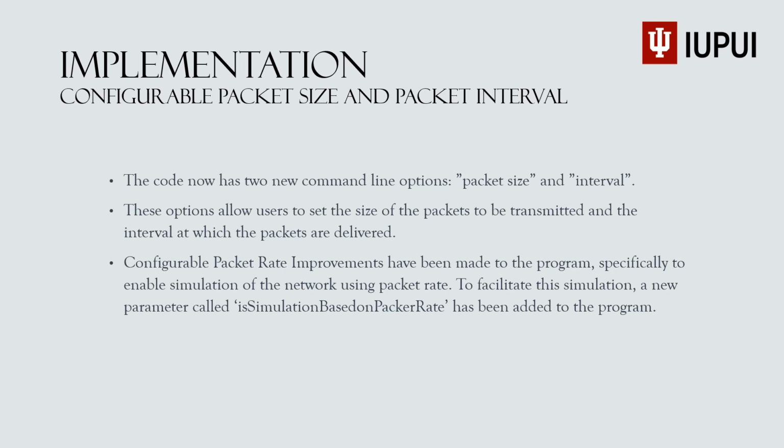And improvements have been made to the program, especially to enable simulation of the network using packet rate. To facilitate this simulation, a new parameter called isSimulation based on packet rate has been added to the program. In order to utilize this feature, users are required to set the value of isSimulation based on packet rate to true.